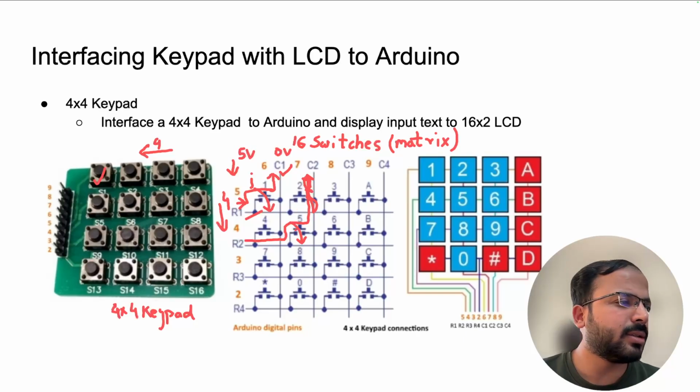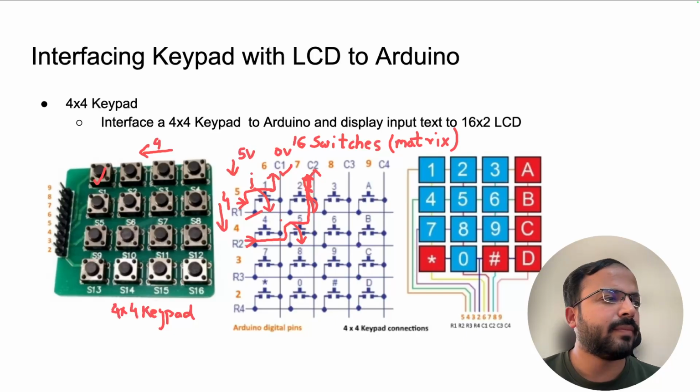You can just ignore that one, but you can see that the current flowed from R2, went to there, and reached here. So this was the flow of the current. We know now that R2 was pressed and C2 was pressed, so the intersection sits here. So key 5 was pressed.